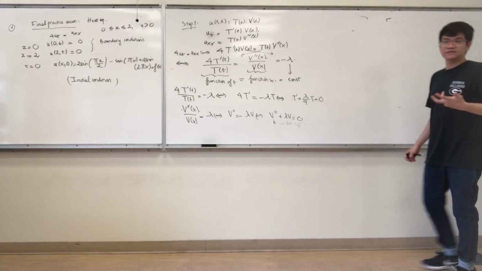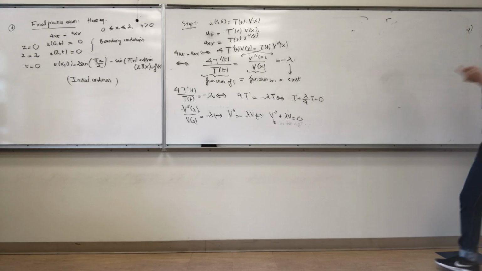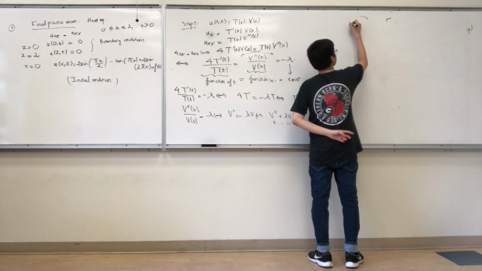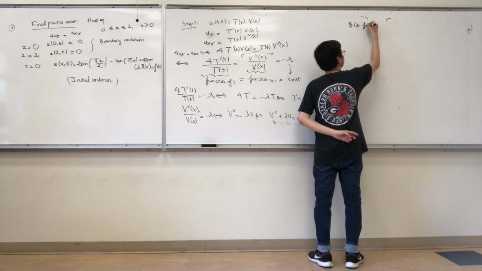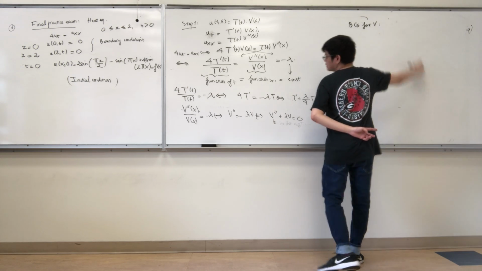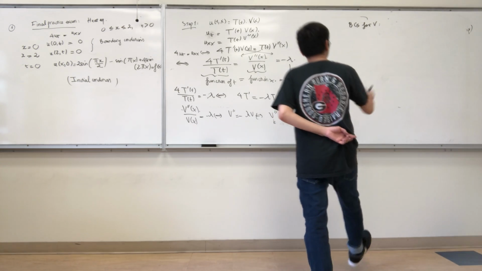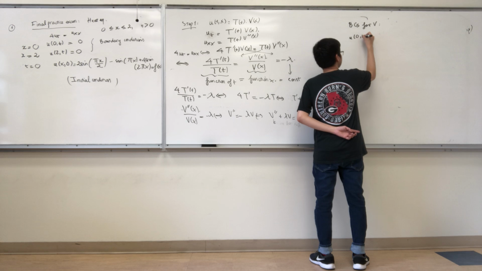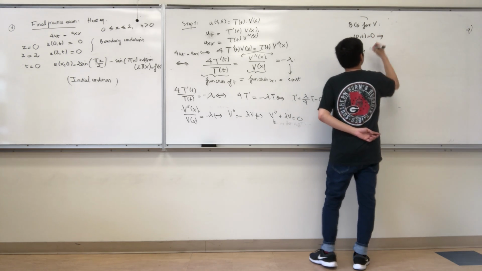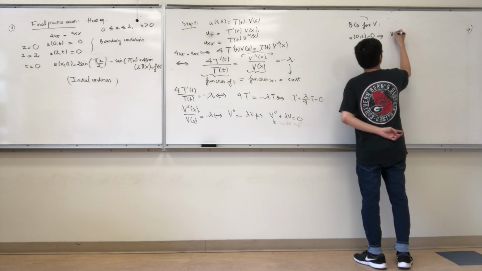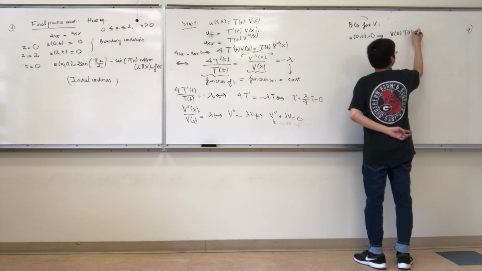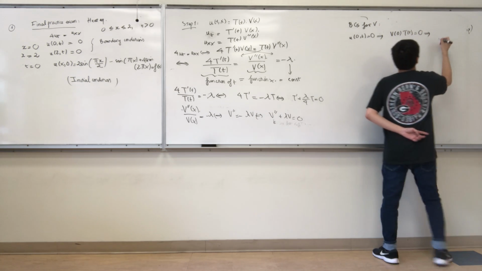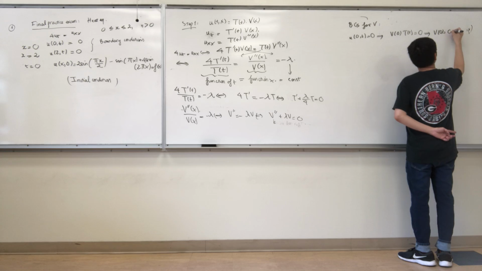Now I need to find the boundary condition for V. I have u at 0, t is 0, which means that V at 0 times T of t is 0. So V at 0 is 0.